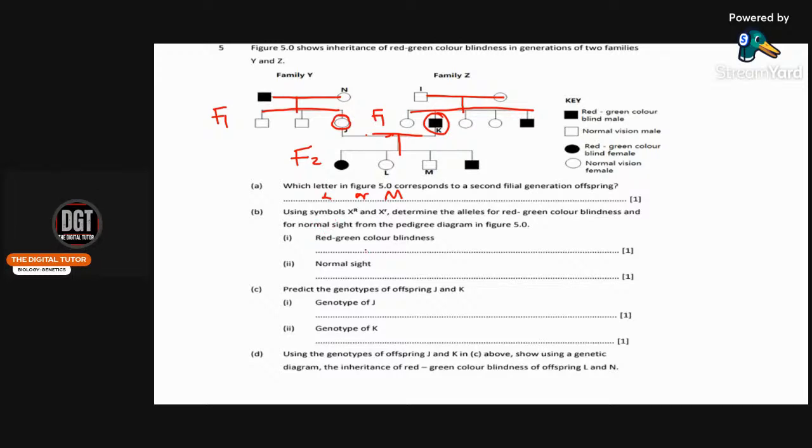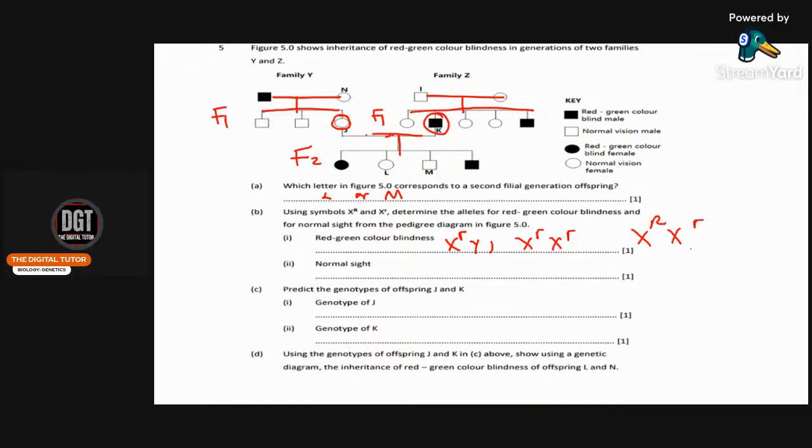In males, we said they are never carriers. So for red color blindness in males it is X^r Y. But in females, it has to be both small r, so X^r X^r, which means someone is colorblind. If it's just X^R X^r, or X^R X^R, then they are not colorblind.